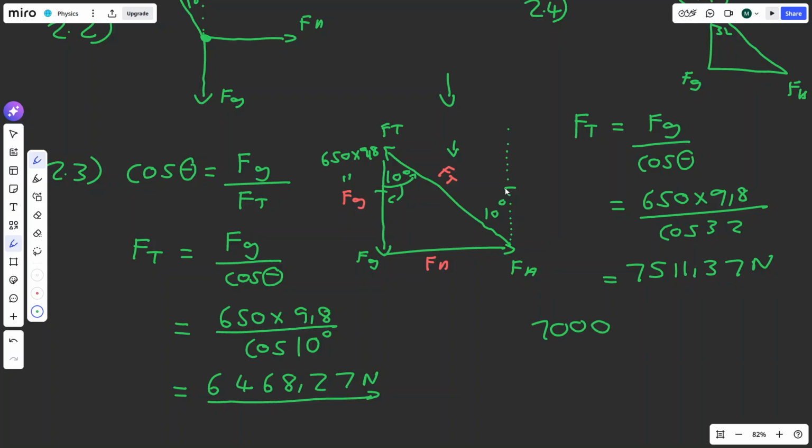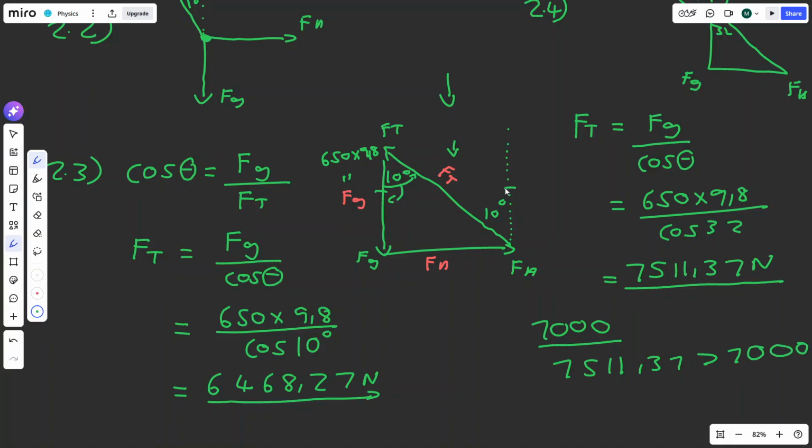And given that the angle has changed, the required tensional force will be 7,511. But now we see that 7,511.37 is greater than 7,000.